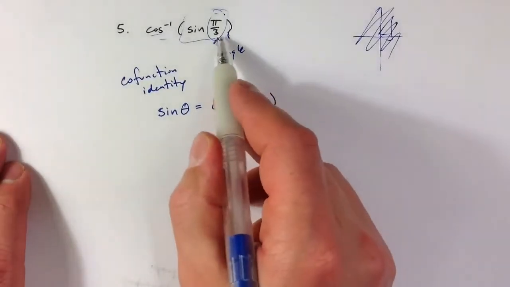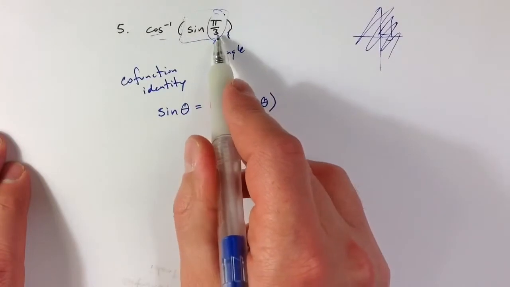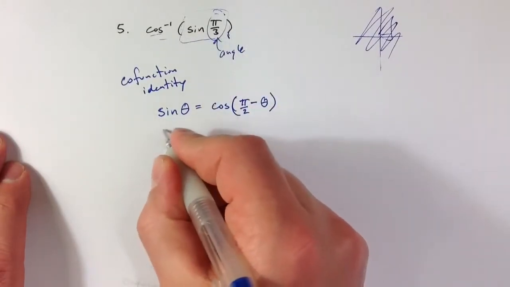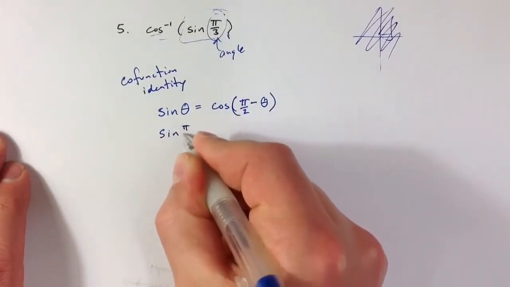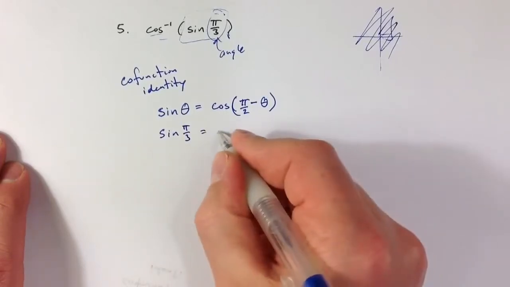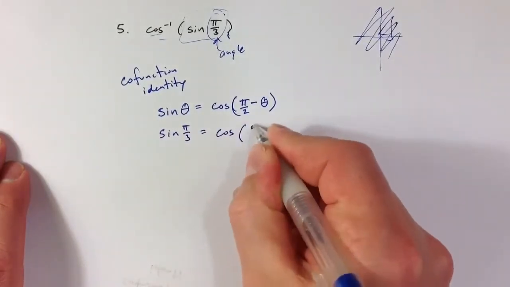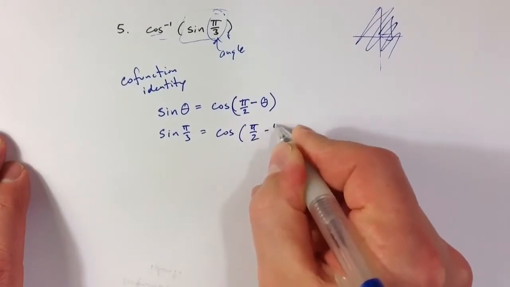And so I can turn sine of pi over 3, that's equivalent to cosine of pi over 2 minus pi over 3.